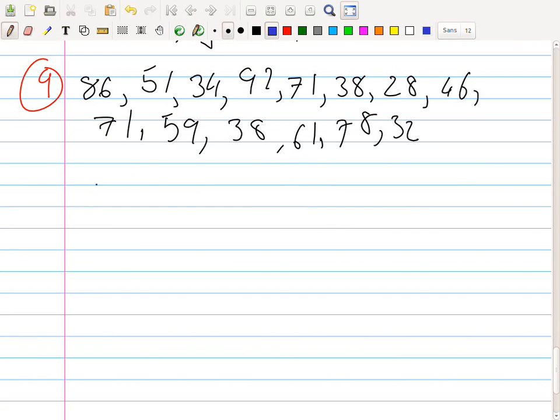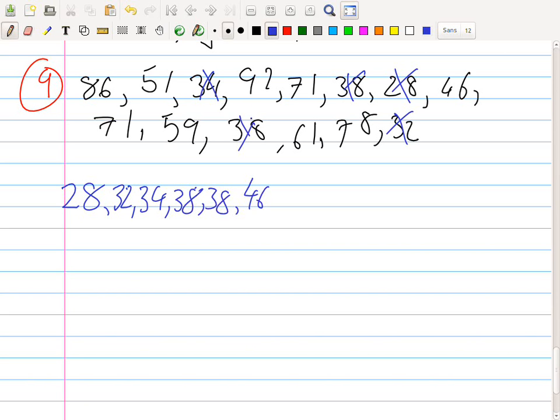So what's first? 28, then 32. Let me scratch them out as I go along. Is there just one of them? Yes. Next? 34, then 38, 38. There are two 38s. And then 46, 51, 59, 61.